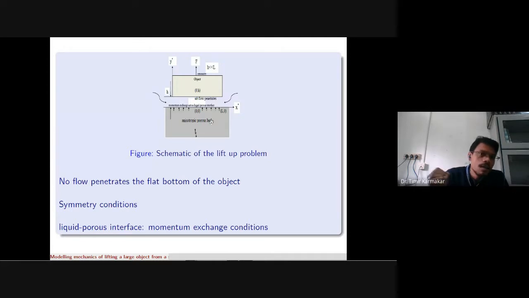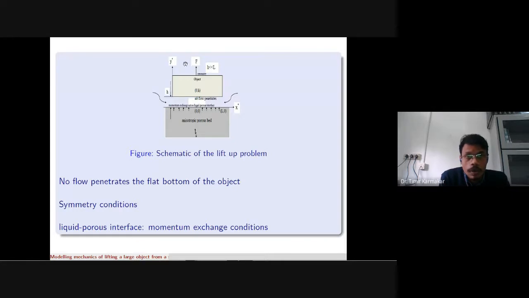Where does this fluid come from? It comes vertically from the porous seabed. Once we give an uplift or upward force, this fluid will come vertically into this region and eventually saturate it.